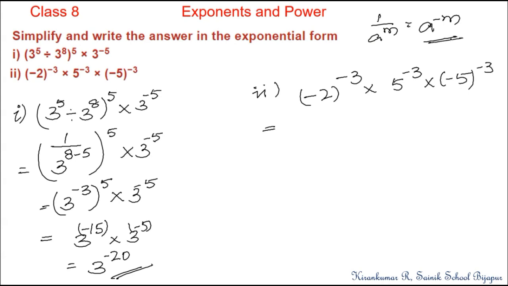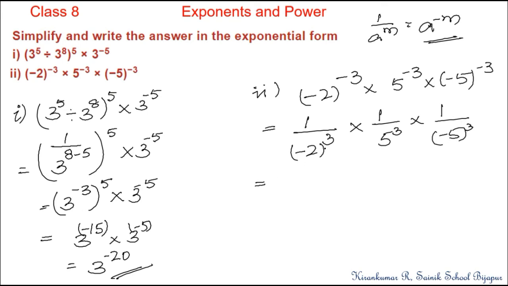If this is the form, it can be written like this. So 1 upon minus 2 to the power 3 into 1 upon 5 cube into 1 by minus 5 cube. You must know that whenever odd is the power, the value will be negative.